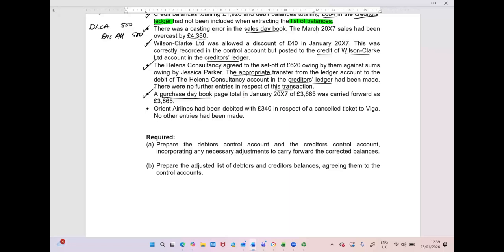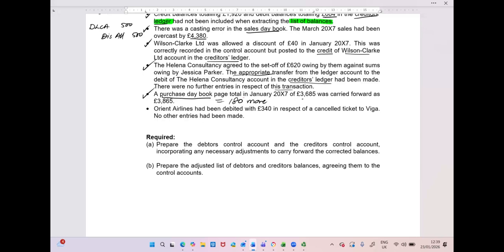So you can see that these two figures in the middle has been switched, and this is called a transposition error. So if I take the difference between these two, it is 180 more. So instead of writing 3685, the accountant recorded 3865, which is more, a bigger figure.